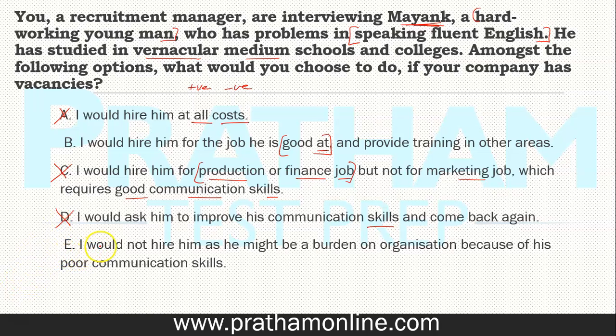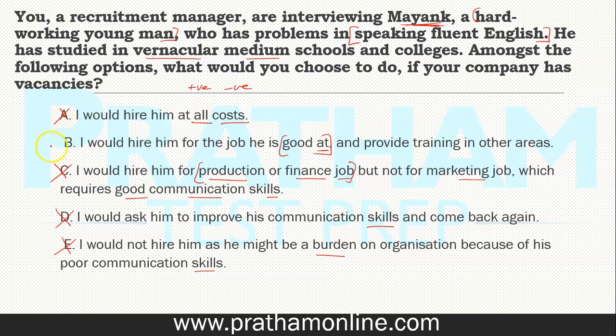Moving to E. I would not hire him as he might be a burden on the organization because of his poor communication skills. Now again, a far-fetched assumption that if somebody does not have good communication skills, he would become a burden for the company. This is again a far-fetched assumption.